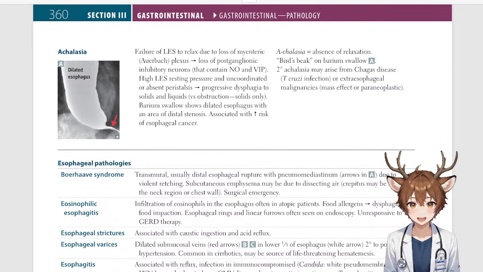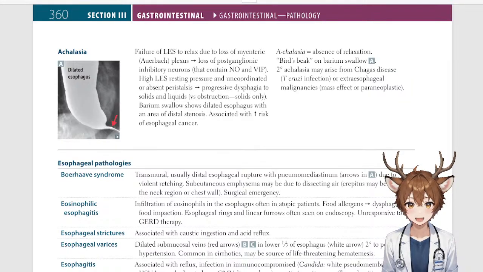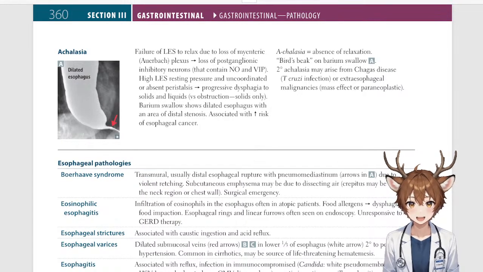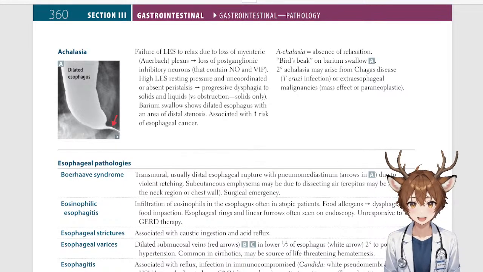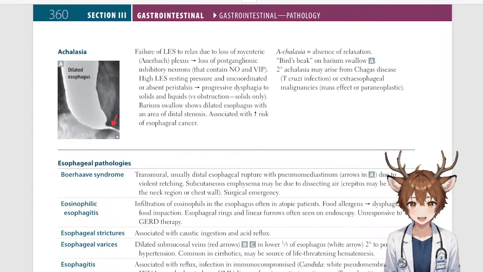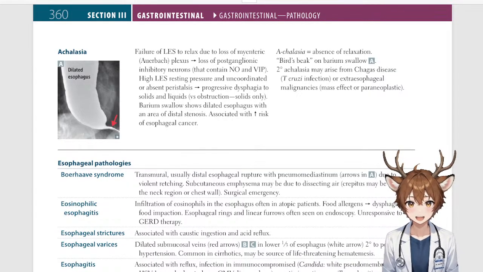Treatment for achalasia: surgery, endoscopic procedures, for example, botulinum toxin injection, and that's to relax that muscle in that area. And they say here in your old book, achalasia, absence of relaxation.